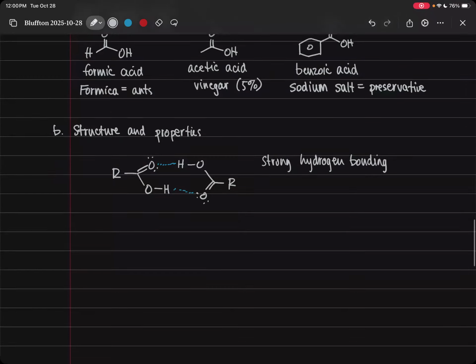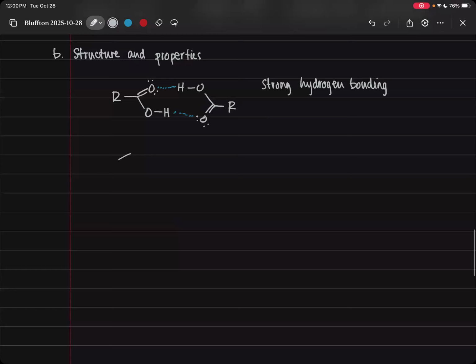And because of that, if you compare acetic acid and ethanol, which are the same molecule, but one is missing a carbonyl group, we look at the boiling points. Ethanol boils at 78 degrees Celsius. Any guesses for acetic acid? Greater, smaller, higher, lower?